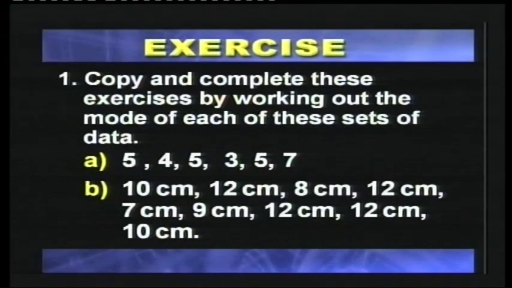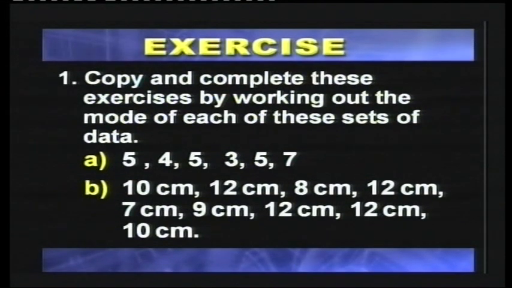Okay, you have these 2 exercises to go through together in your groups. Copy and complete these exercises by working out the mode of each of these sets of data. I will give you 2 minutes to look at the 2 and write your answer down as a group.